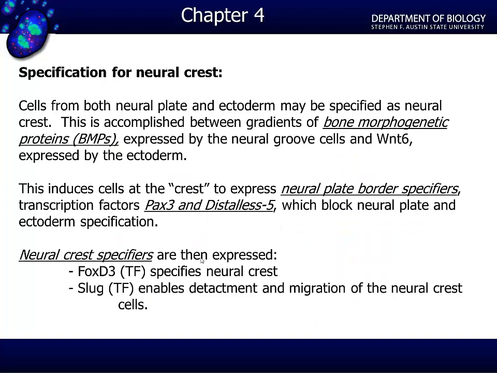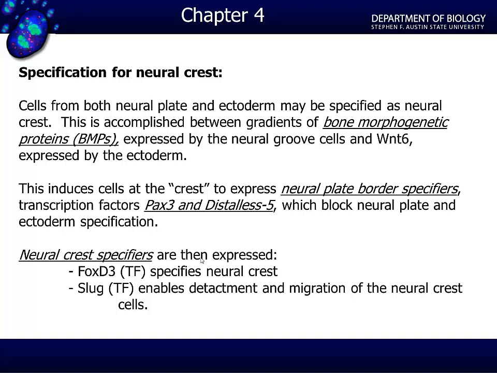Now, neural crest cells, when we look at the molecular events that happen, we see that neural plate, neuroectoderm, can be specified as neural crest. Specification, remember, is you take them out, put them in a tissue culture dish, they can become what they normally will become, in this case specified as neural crest. And what we see is it's a couple of factors.